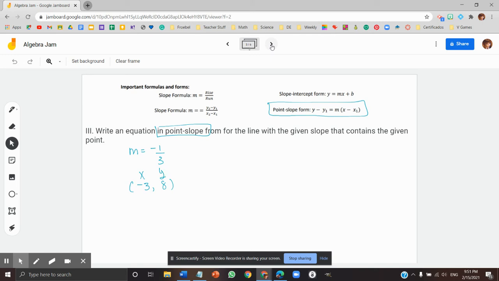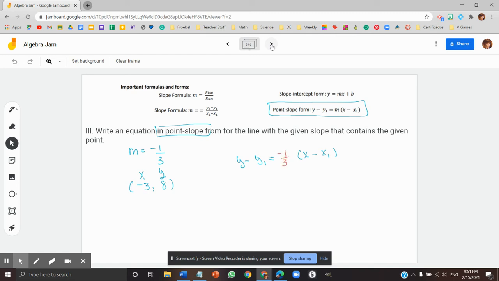And the formula, right, says y minus y1 equals m times x minus x1. So all I have to do is put all the information I have in my original formula. So for example, I have my slope. This is in another color. It is negative a third.